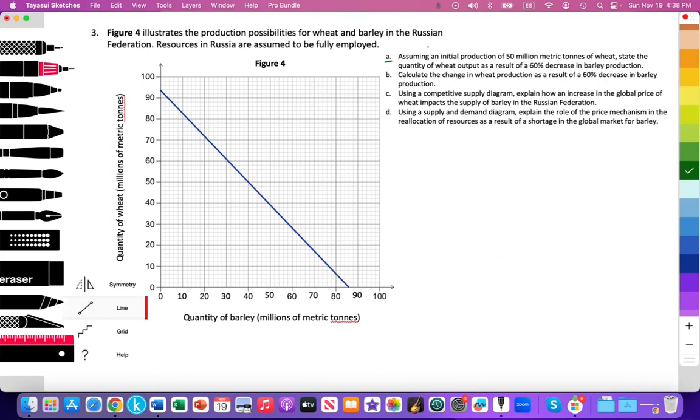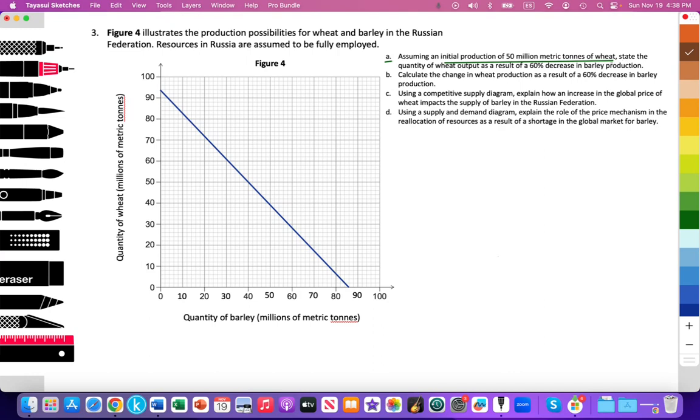As a student, I would be in the habit of highlighting or underlining key points made within these questions. It keeps your focus on what the question is asking of us. So assuming an initial production of 50 million metric tons of wheat, we're going to find that point on the PPC curve.